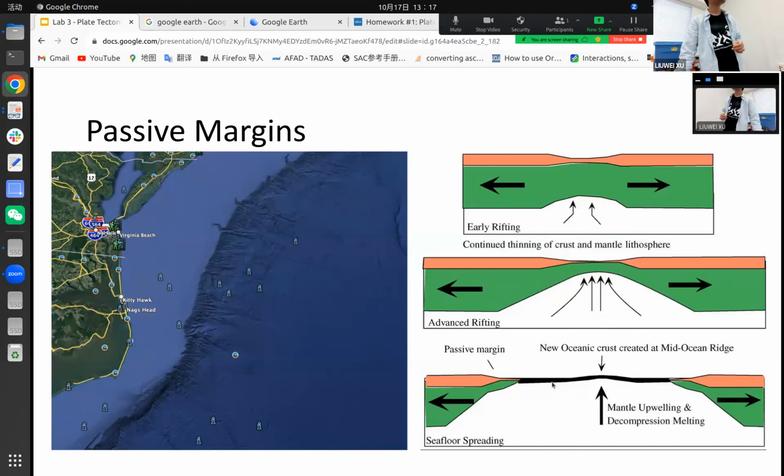This is very thin, and its elevation is very low. So if it's below the seawater level, the water will fill this part, and then this becomes the margin of the ocean and the continent.